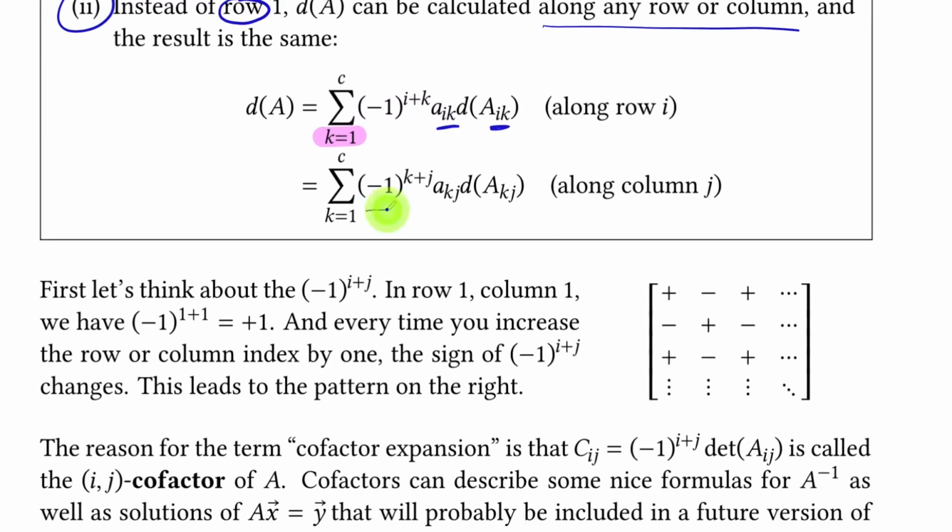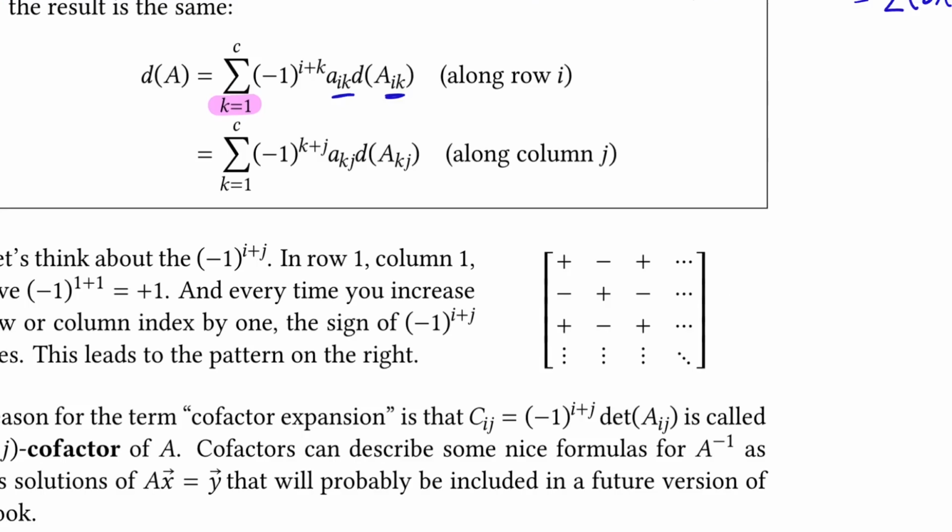column J here. Now, one thing that changes here is that if you're going down column 2, let's say, then in column 2 you're going to be doing negative 1 to the power 1 plus 2 as the first entry here.